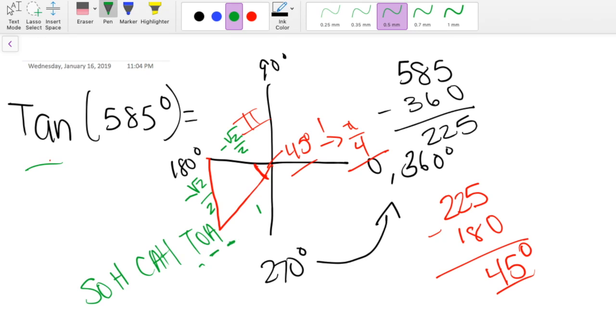So we're trying to find tangent of the reference angle right here, the reference angle of 45. We go across it, and we see we have a negative root 2 over 2. I'm going to write that right over here. So negative root 2 over 2, divided by our adjacent right here, which is also negative root 2 over 2.